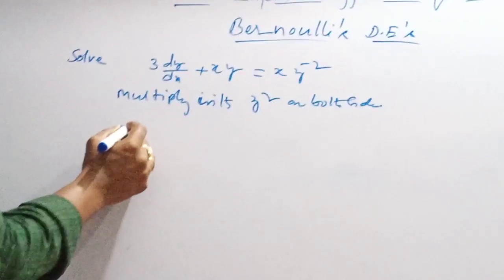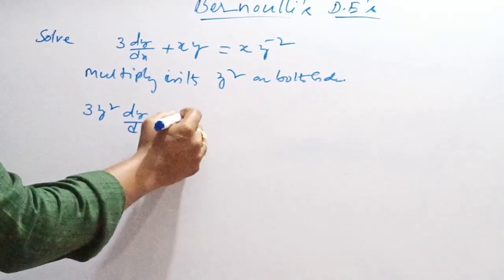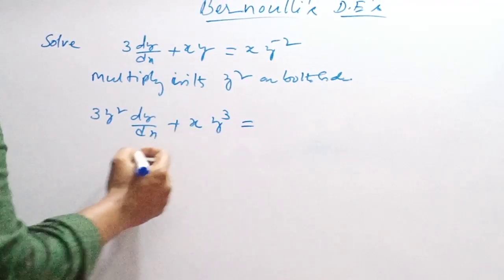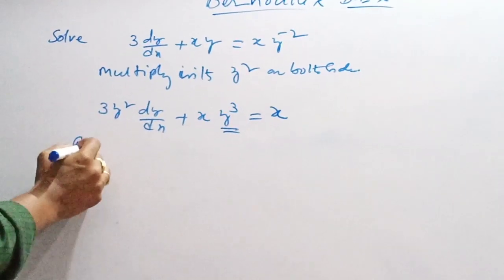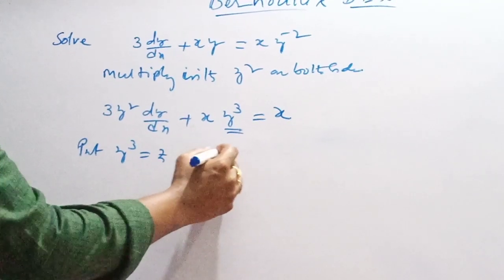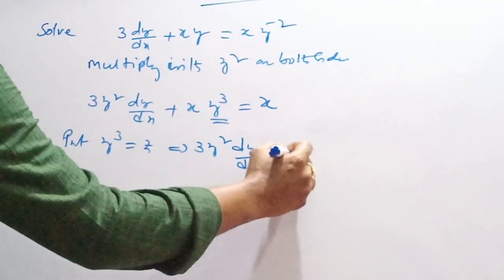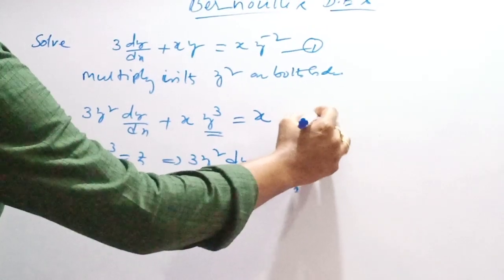Clear? So 3 into y square into dy by dx plus x into y cube, that is y into y square, equal to x. You can take y cube equal to z, so 3 into y square dy by dx equals dz by dx. This is equation 1 and equation 2.